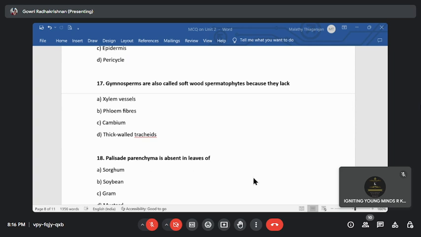Option C, cambium. Okay, softwood, what does it not have? Xylem vessel. Option A is the correct answer.